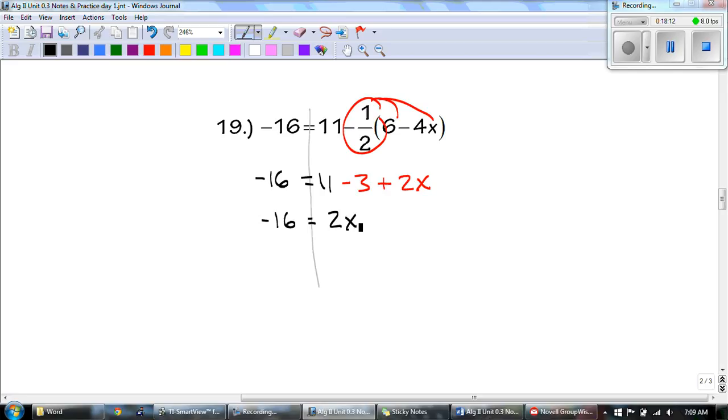So when I combine my like terms, 11 minus 3 is 8. All right, and then we're just going to solve. Subtract the 8 to both sides. -16 minus 8 is -24. And then to get the x by itself, we divide by 2. -24 divided by 2 is, that's right, -12.